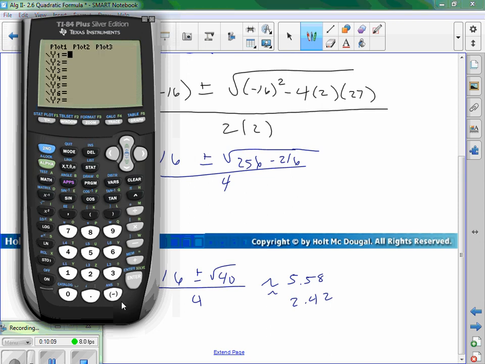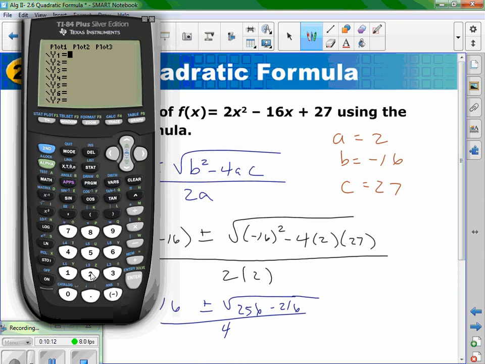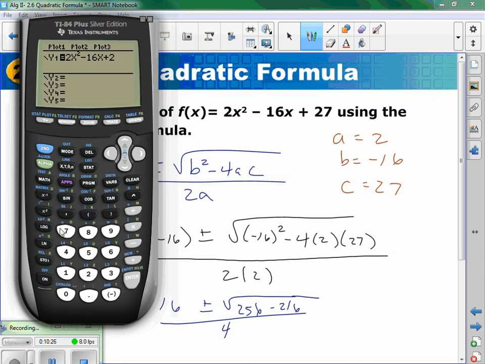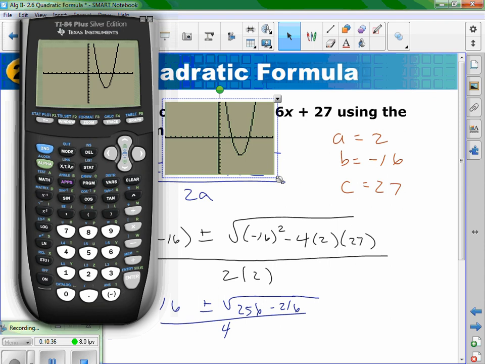Just to show you even more, the original function, put it in the y equals 2x squared plus 27. When I graph it, I have a 0 here and a 0 here. Let's see if this works today.